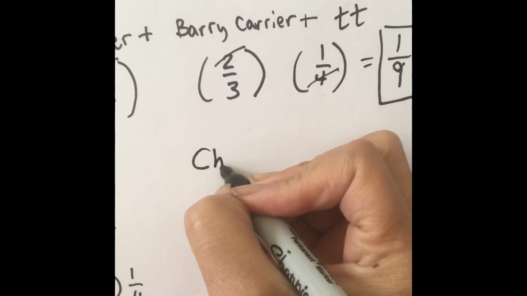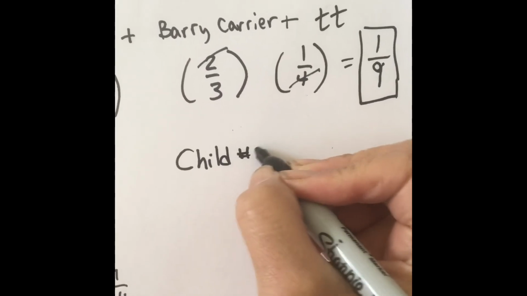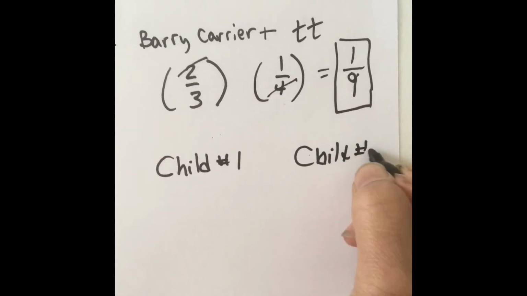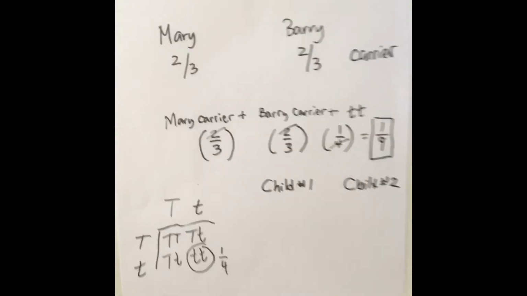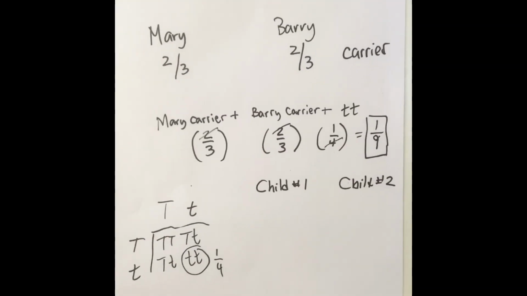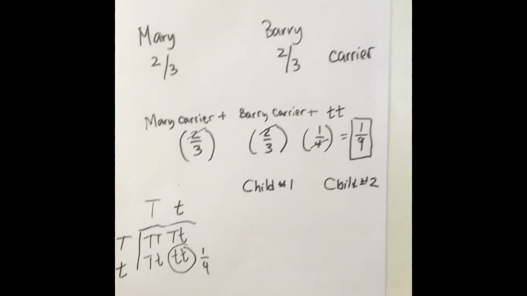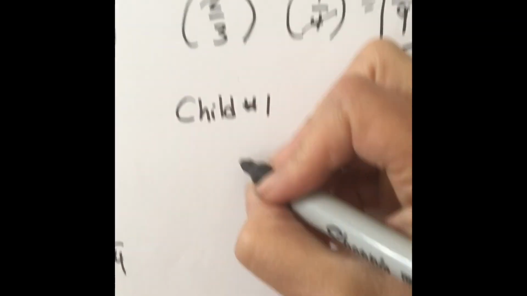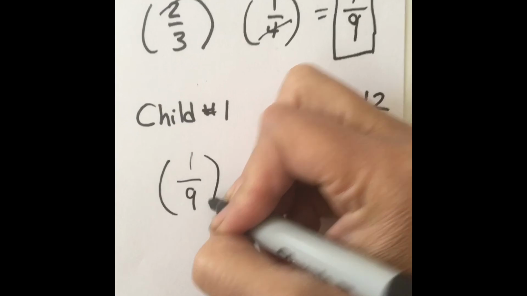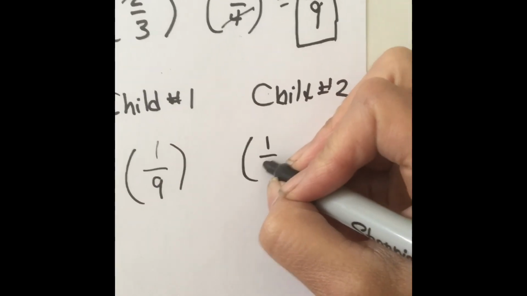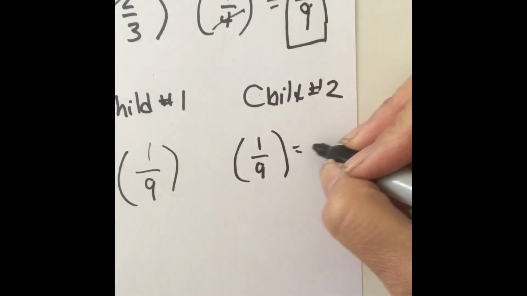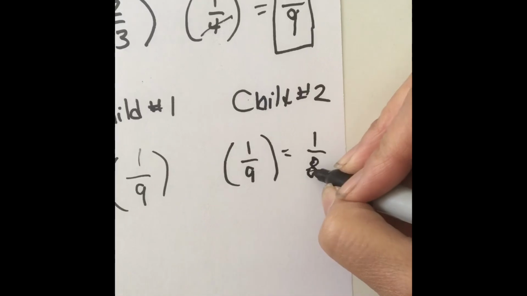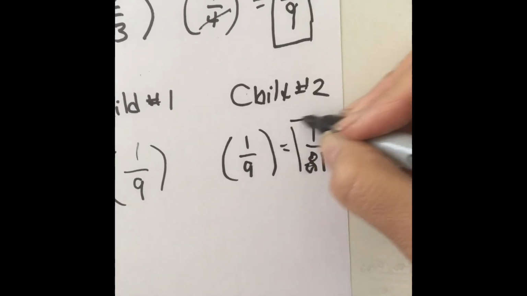So we'll say child number 1, child number 2, and again, if we're talking about them having 2 children with thalassemia, this is again a case where we're going to multiply because this is the odds of one thing happening and another thing happening. So we take 1/9. It's going to be the same for the second child, 1/9. And we get 1/81.